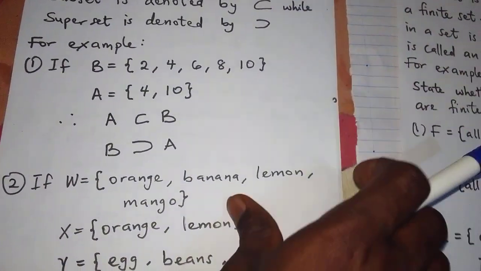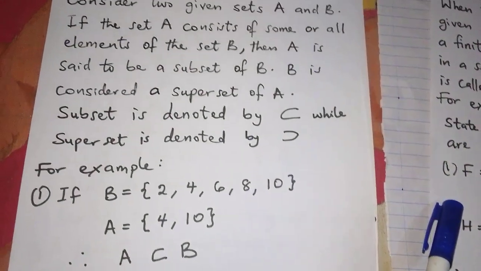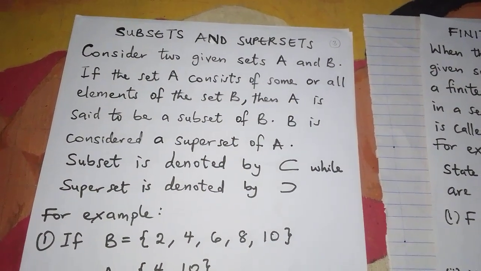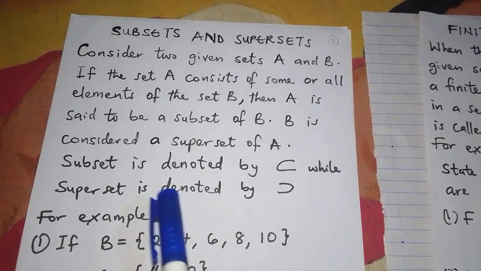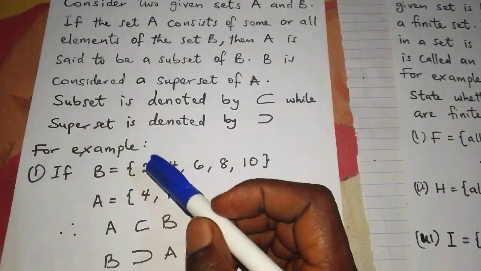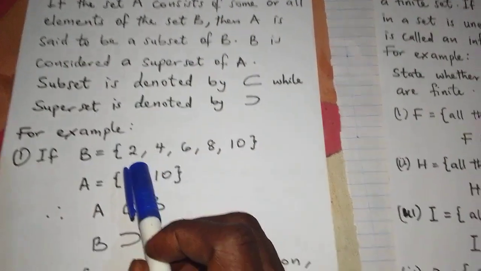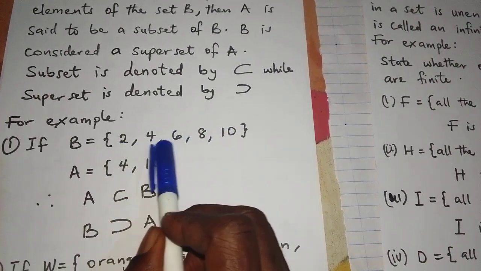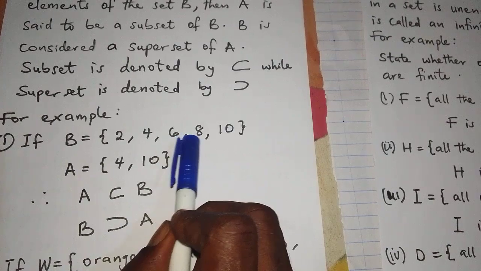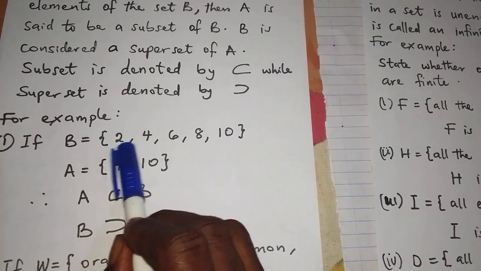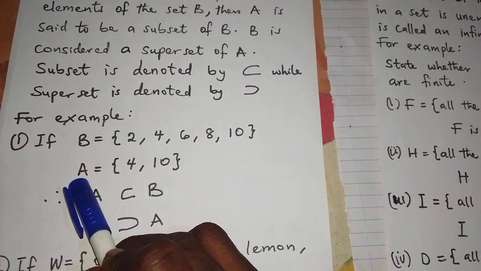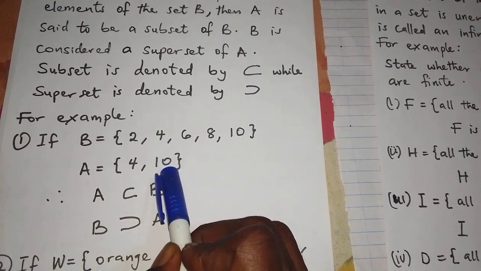Now, let's consider the concept of subsets and supersets. When you talk of subsets, assuming we have a particular set B: 2, 4, 6, 8, 10, the set of even numbers up to 10. So this forms a set. And we have another set A, which is 4 and 10.